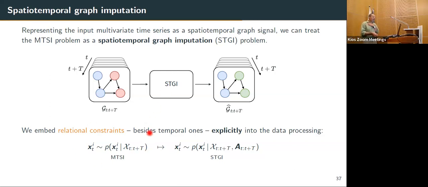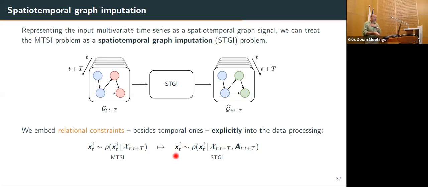And if we look at the formalization of the problem, we move from a setup where you start from the time series and you want to learn the probability for inferring the missing data, into a problem where starting from the data and the evolution of the adjacency matrix over time, so you have the topology that can change with time, even if we assume that it was fixed, but it can change with time.